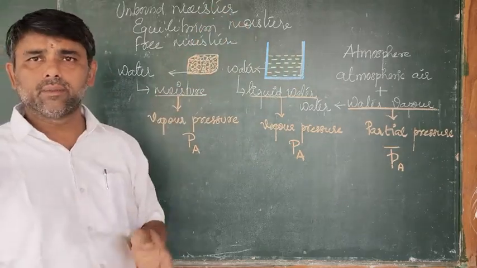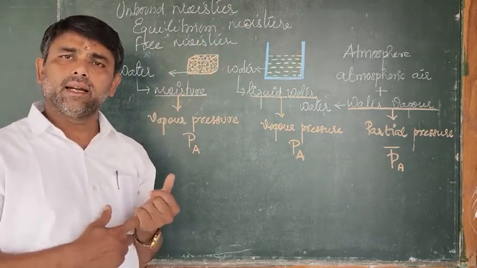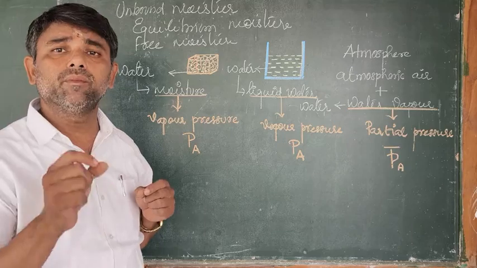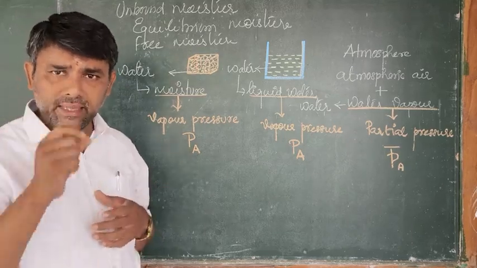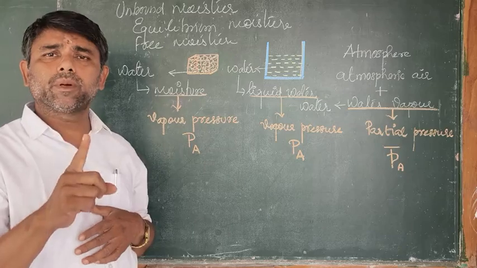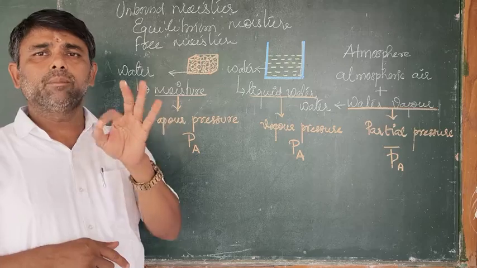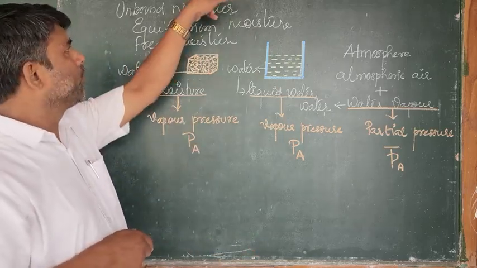Bound moisture is nothing but moisture contained by a substance that exerts an equilibrium vapor pressure less than that of vapor pressure of pure liquid at the same temperature. This is the proper definition for bound moisture.